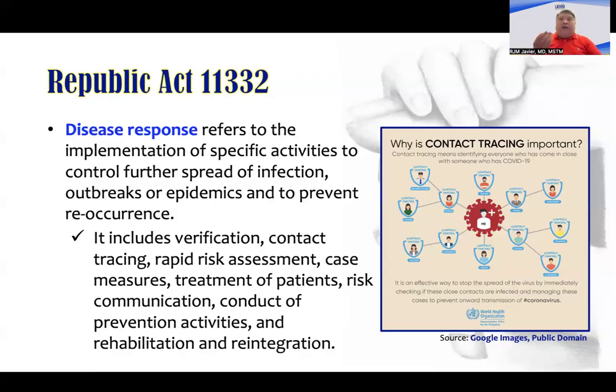For example, if I am a person living with HIV and I turn out to be positive for HIV, all my sexual partners from the very beginning would be identified through contact tracing and then alerted that they also need to be tested for HIV because I tested positive. Something to that effect when we talk of contact tracing.